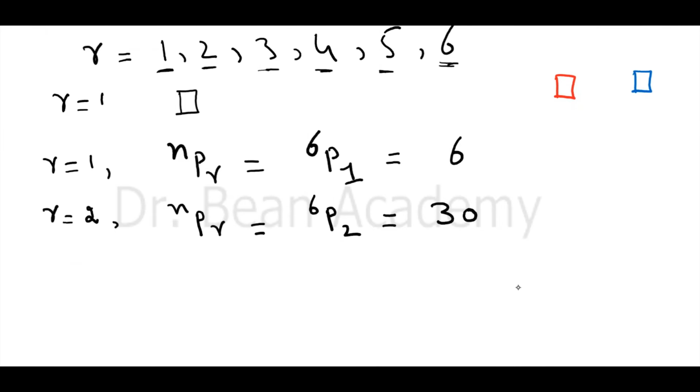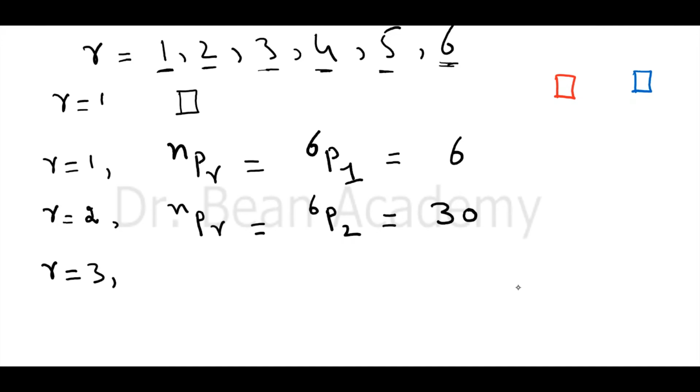Okay, when R equals 3, meaning the size of the permutation is 3, how many permutations can I make? You can think of it as a series of small problems, NPR. So you have to calculate the individual number of permutations, and when R changes, the size of the permutation changes, and the total number of permutations changes.